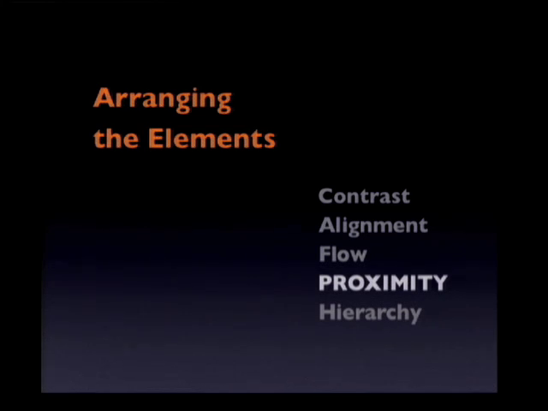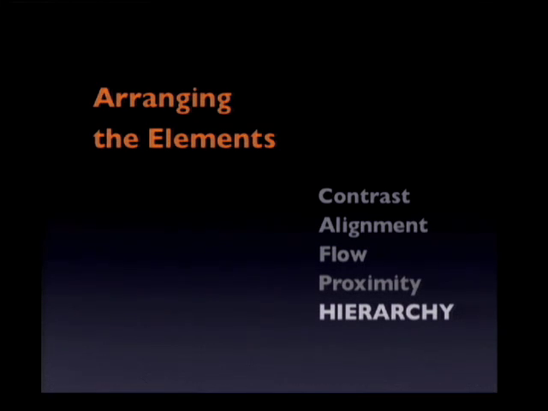So we're going to combine these to show how that would work in designing a slide. Hierarchy, as I've said, defines the relationship between the elements. Proximity pulls them together. Hierarchy defines how they get along. An example might be parents and children.